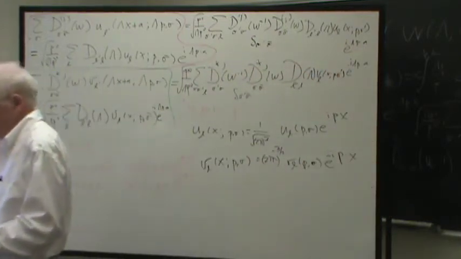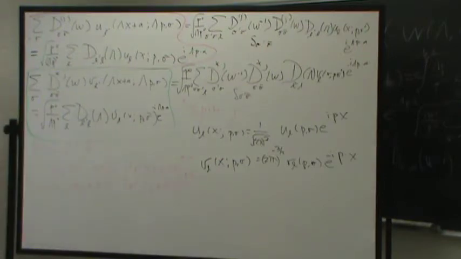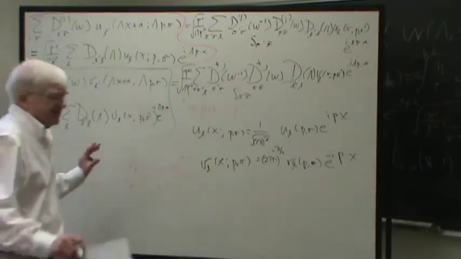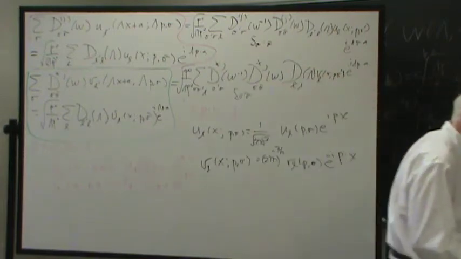So the space-time dependence of these spinors is very simple. The 2 pi to the 3 halves, of course, is a convention.